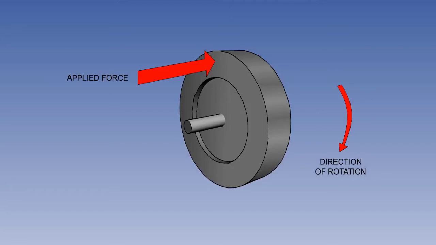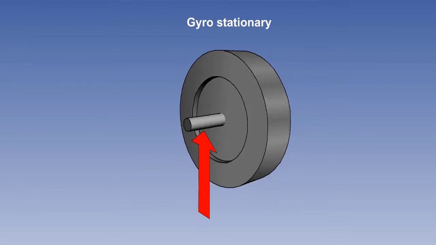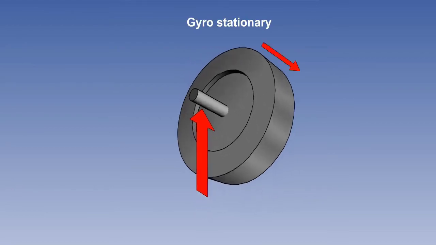Let's see how this works in practice. In the example here, the gyro rotor is stationary. Let's apply a force to one side of the spin axis in a vertically upwards direction. We would expect the rotor to tip backwards, and indeed it does.